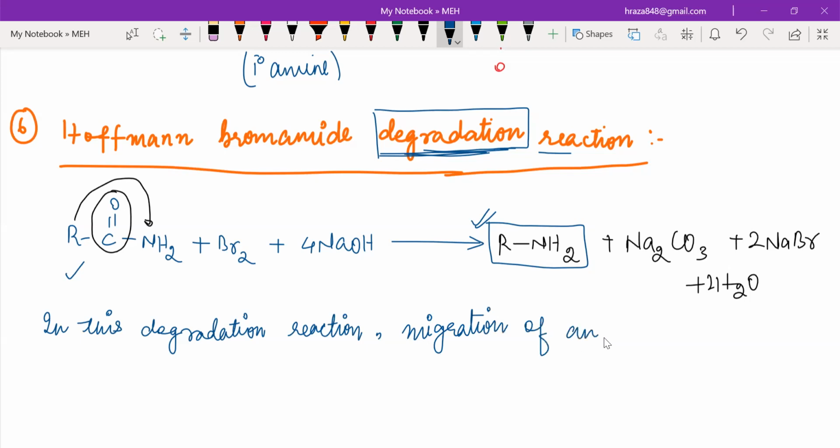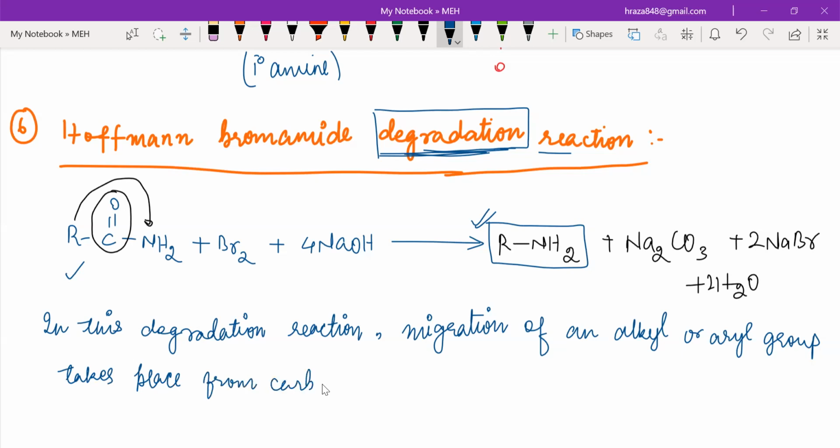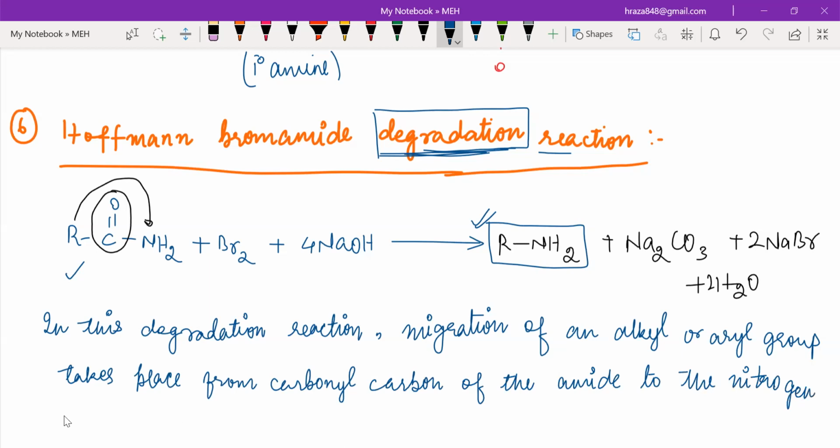Migration of an alkyl or aryl group takes place from carbonyl carbon of the amide to the nitrogen atom.